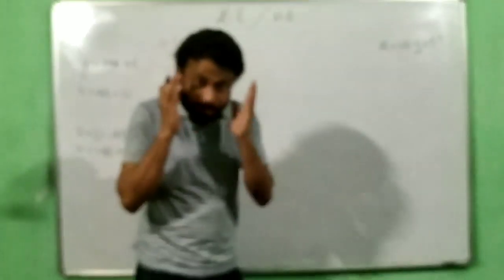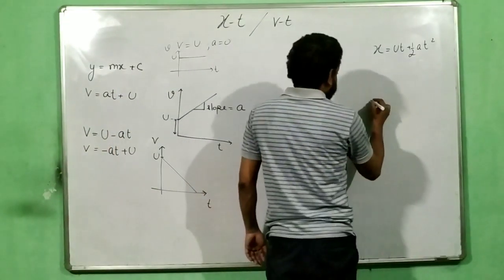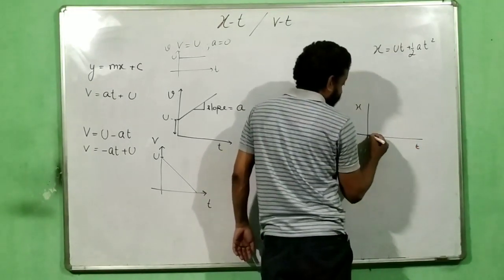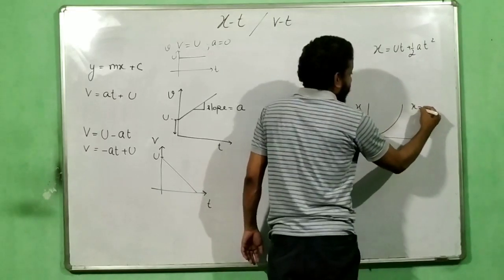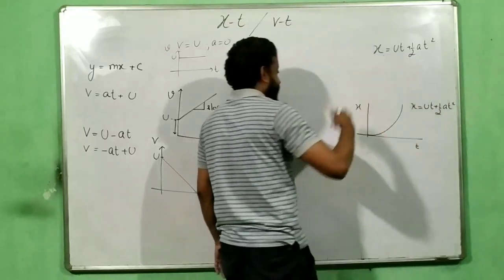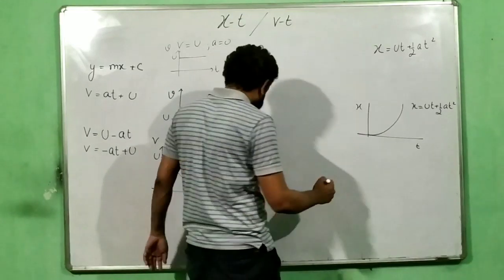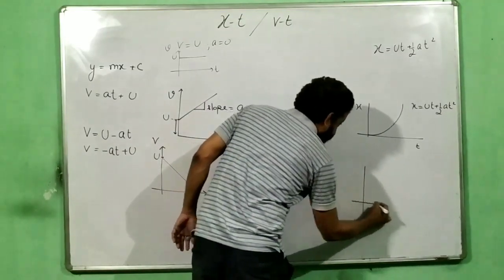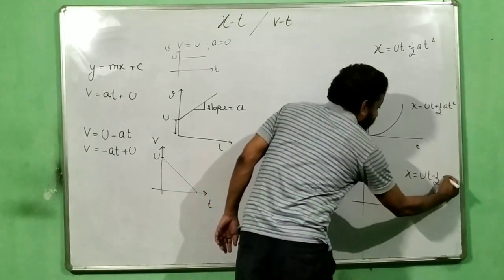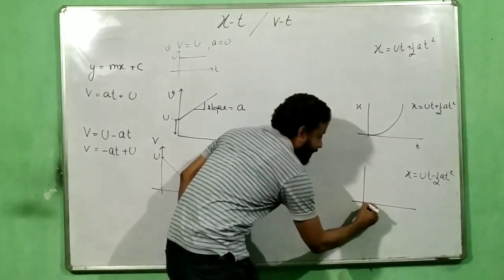So if a body has acceleration, the graph cannot be a straight line. So I will have a situation like this. This is my x, this is my t. The graph will be like this if it has ut plus half at square as the formula, which means it has an acceleration. If your x is equal to ut minus half at square, that means the body is undergoing retardation. In that case, the graph will be like this.